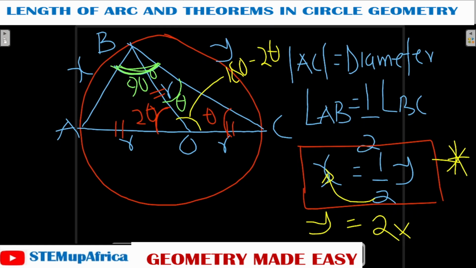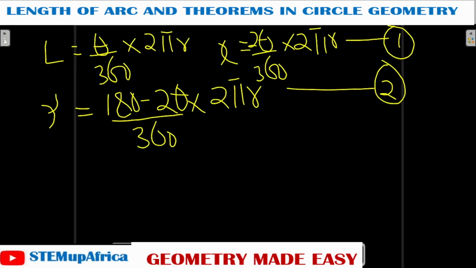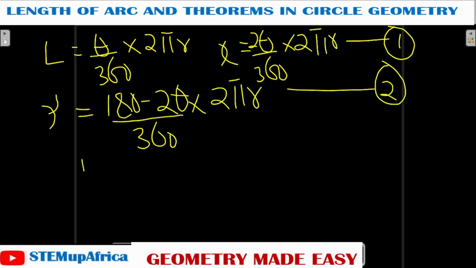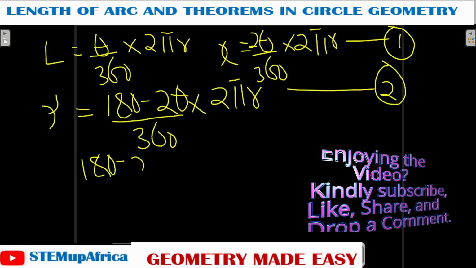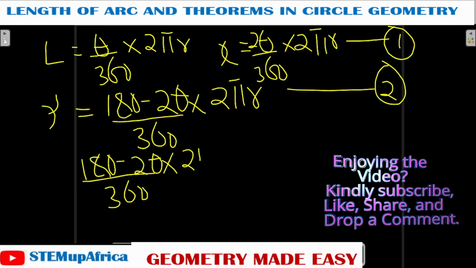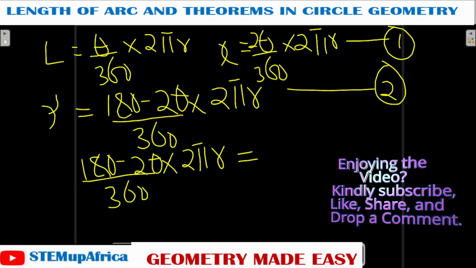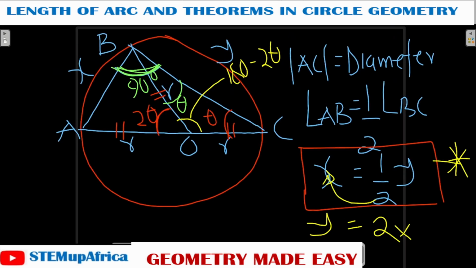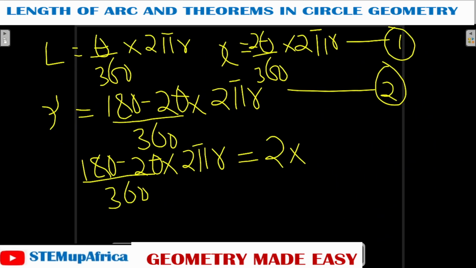So I'm going to have the length of arc for y, which is 180 minus 2 theta over 360 times 2 pi r, equals 2 times the length of arc of x, which is 2 theta over 360 times 2 pi r.